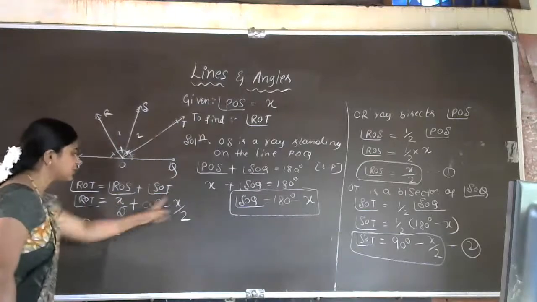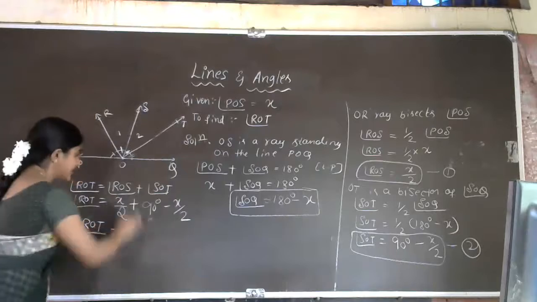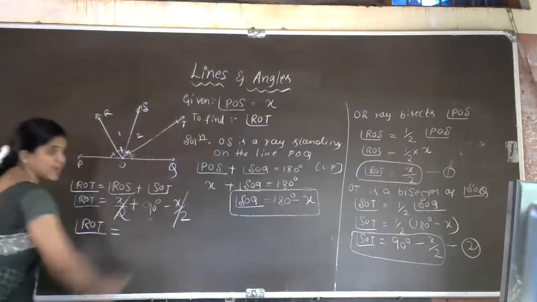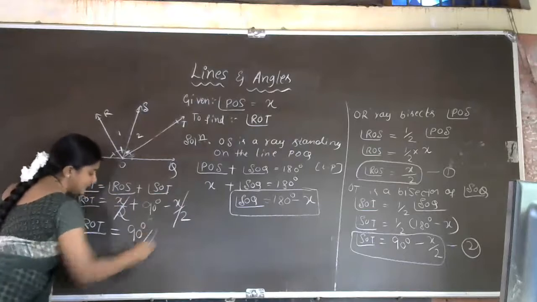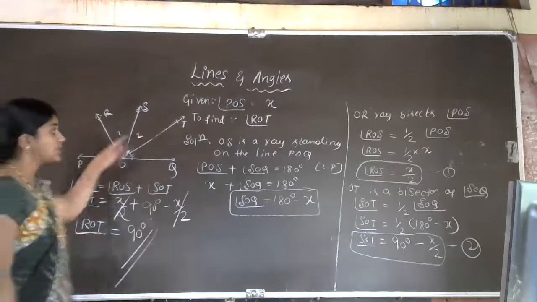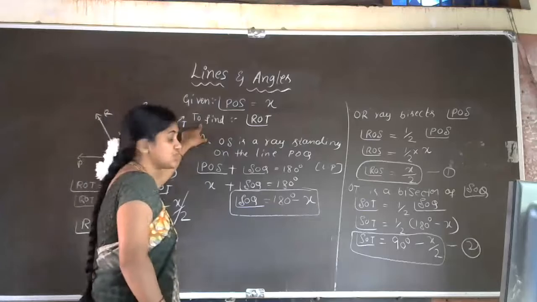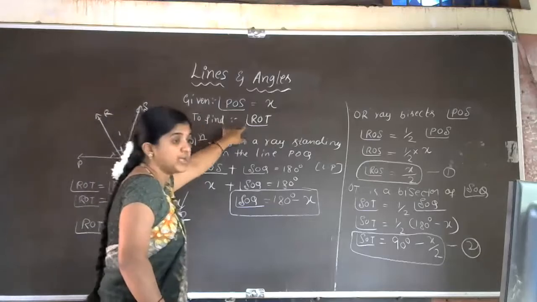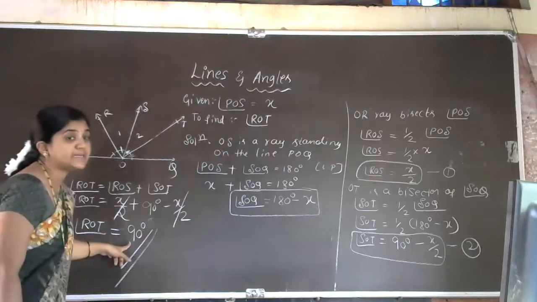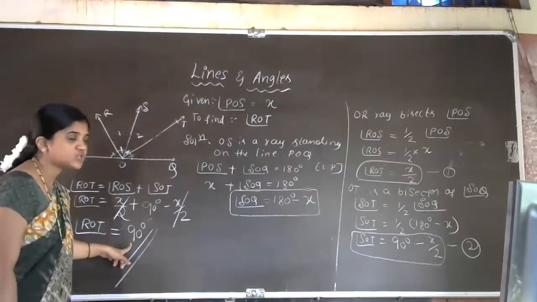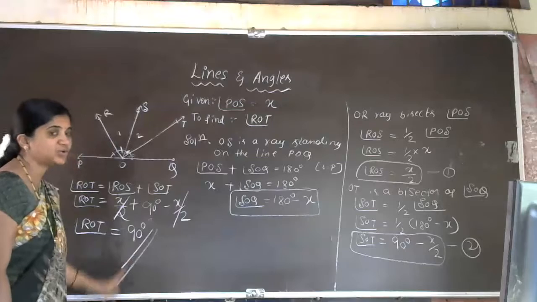Plus x by 2 and minus x by 2 get cancelled. So what is remaining now? 90 degree. Therefore, what we have to find in this question, angle ROT, here we got the answer. Angle ROT is equal to 90 degree. Is that clear, students?